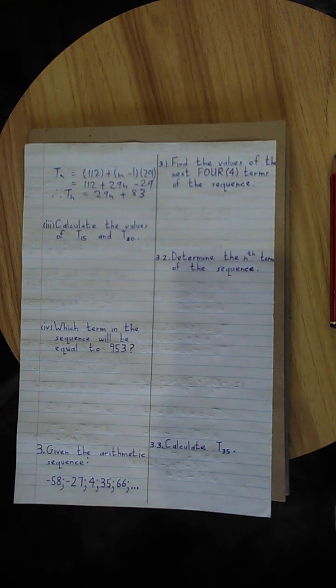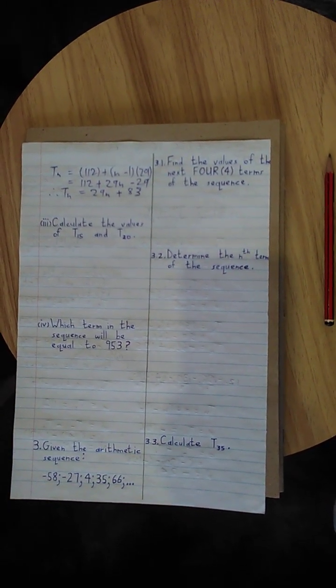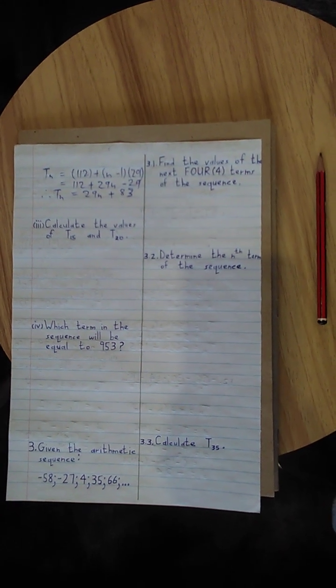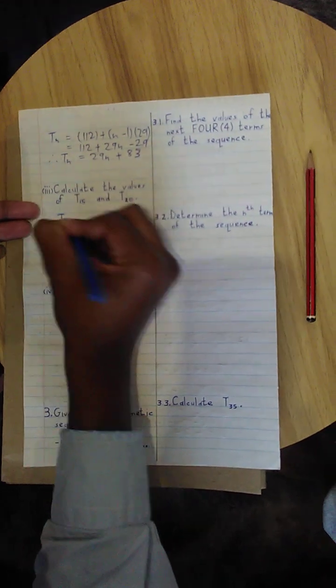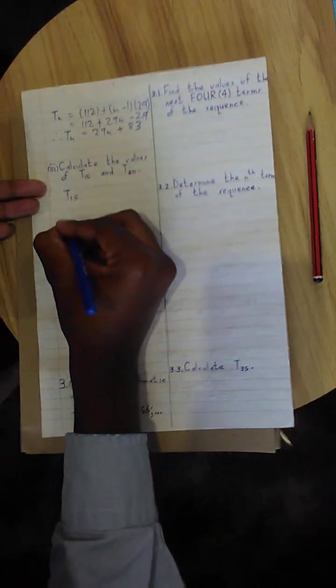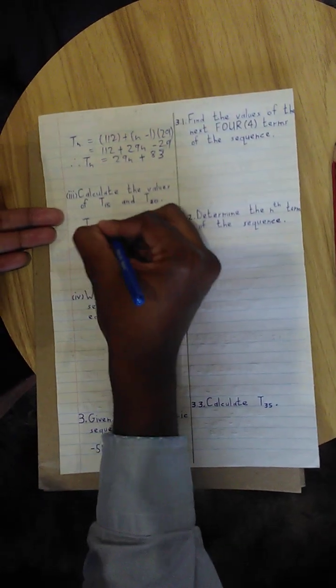Roman numeral number 3 states, calculate the values of T15 and T20. So here it's T15 and then T20. So we have the formula.